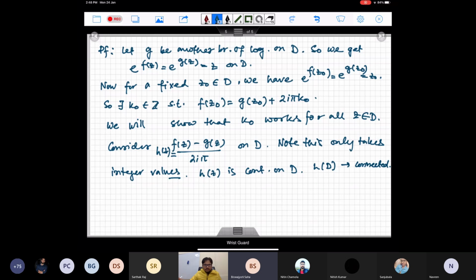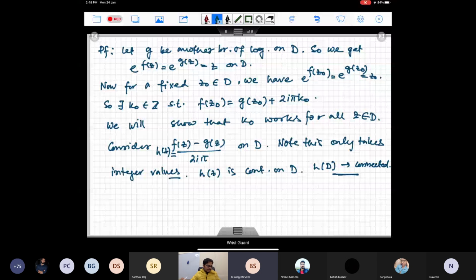If the image is not connected, you will be able to write the image as a union of two disjoint open sets. You can take their inverse images. Since h is continuous, by the definition of continuity, the inverse images are going to be open sets, disjoint, and their union is the whole of D. Therefore, since D is connected, h of D must be connected.